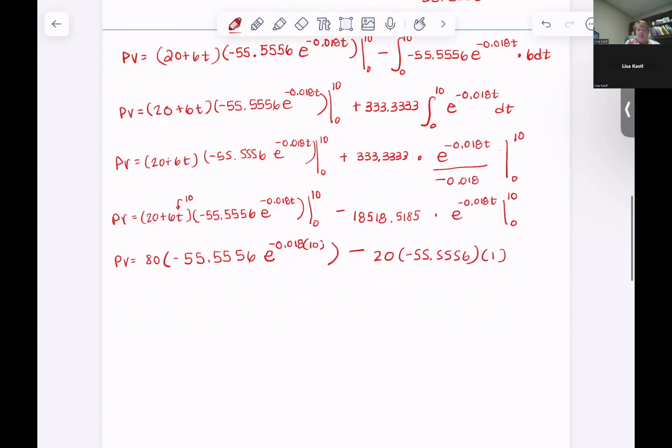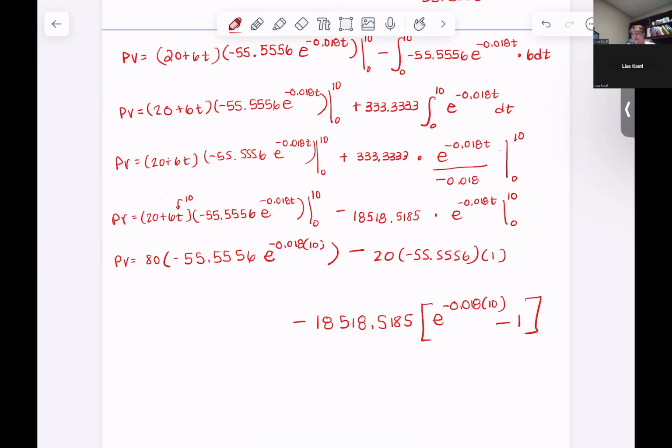Now let's look at the evaluation of the second part. My page is not long enough, so I'm going to write it underneath here. So minus 18,518.5185, and we're evaluating e to the minus 0.018 first at 10, and then we're going to subtract the evaluation at 0, and that's going to be 1.